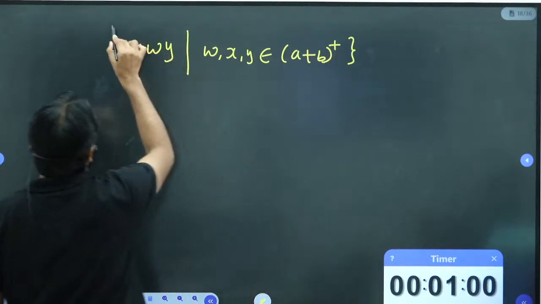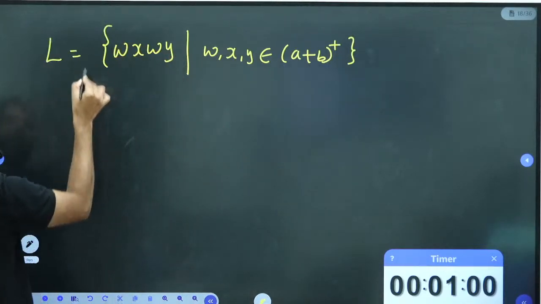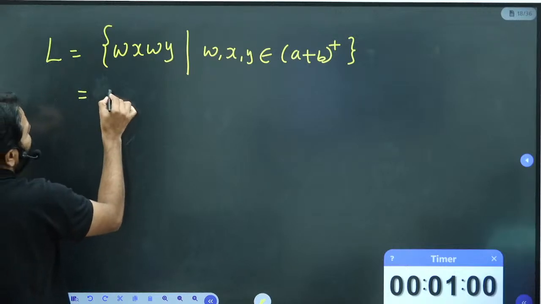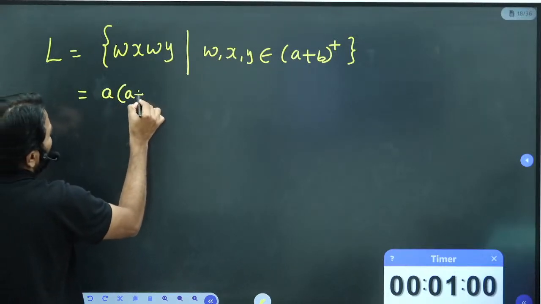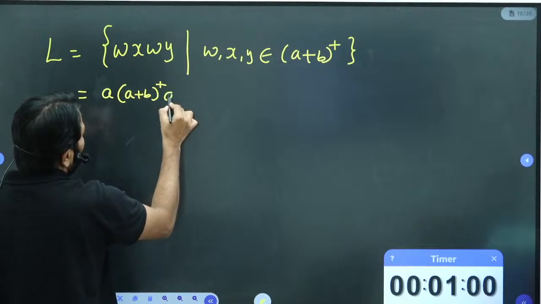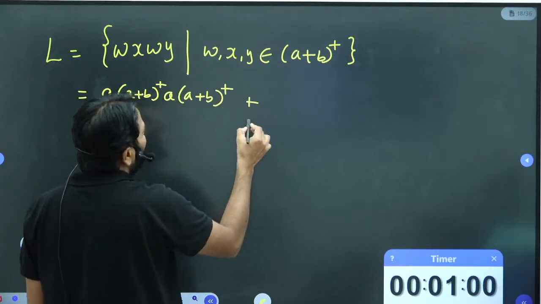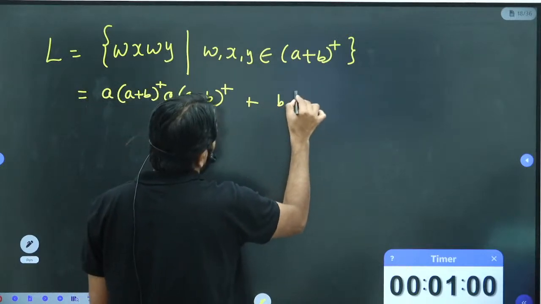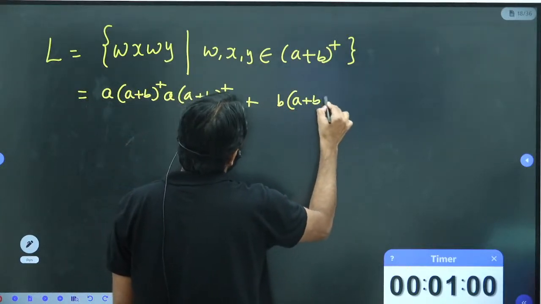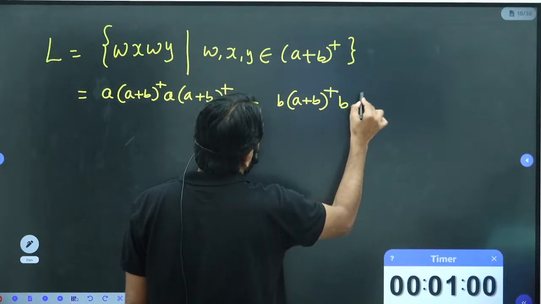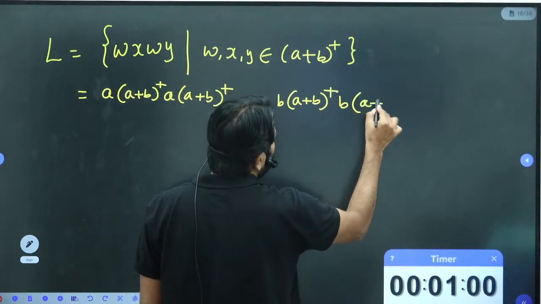Analysis is very important. I've just written an answer like a x a y, where x means (a+b)+ and y means (a+b)+. If I am not able to prove that every string is covered by this expression, then I'm wrong. So you should generate counterexamples for me.